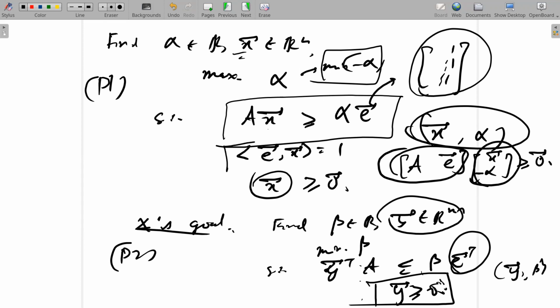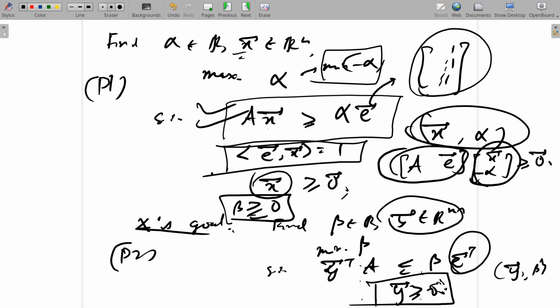And if this is an equality right here, anytime you have equality, you have an unsigned constraint. So this will correspond to beta unconstrained. And these inequalities right here will correspond to y bigger than equal to 0. And this sign constraint will correspond to y transpose A being less than equal to beta E transpose.